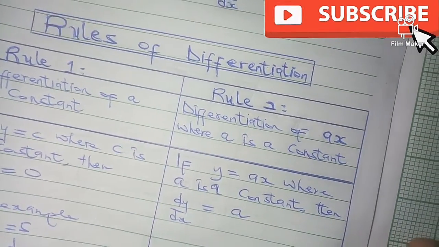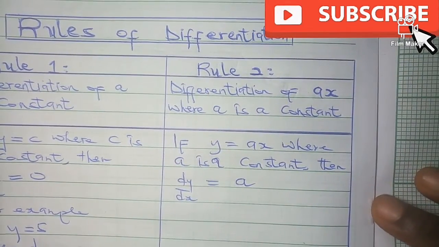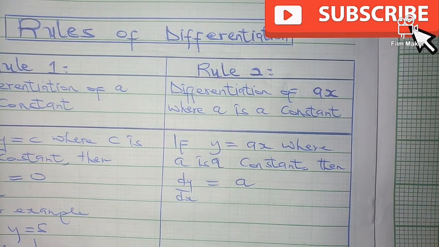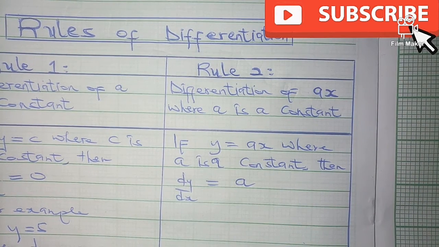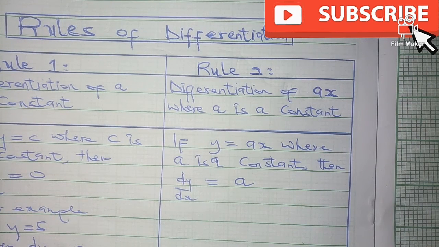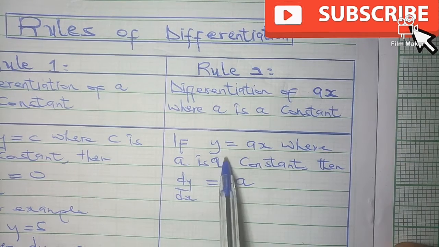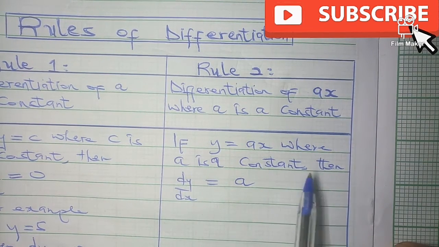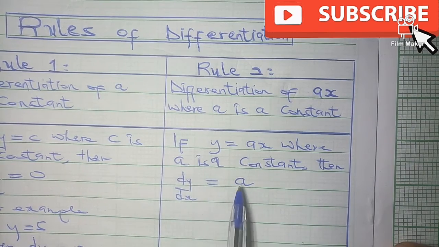Rule 2, that is differentiation of ax, where a is a constant. When a function is given in this form, how will you differentiate it? For example, if y is equal to ax, where a is a constant, then dy/dx is equal to a.